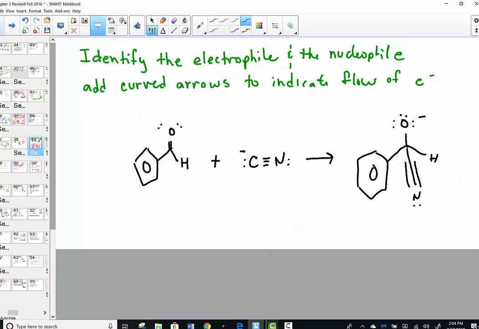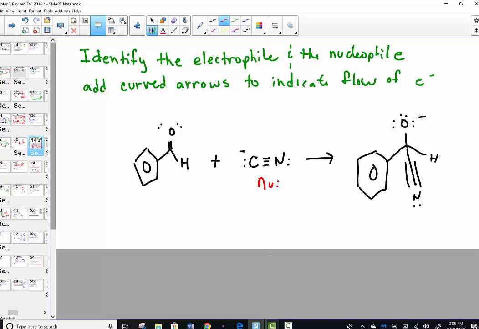We can try this one as well. Identify the electrophile and the nucleophile, add curved arrows, and indicate the flow of electrons. Alrighty, so I just hand drew a test question. Sometimes it's easier to just hand draw them. All right, so we want to figure out electrophile and nucleophile. Right off the bat, the nucleophile, by definition, is seeking positive, so it's going to start negative. This is my nucleophile.